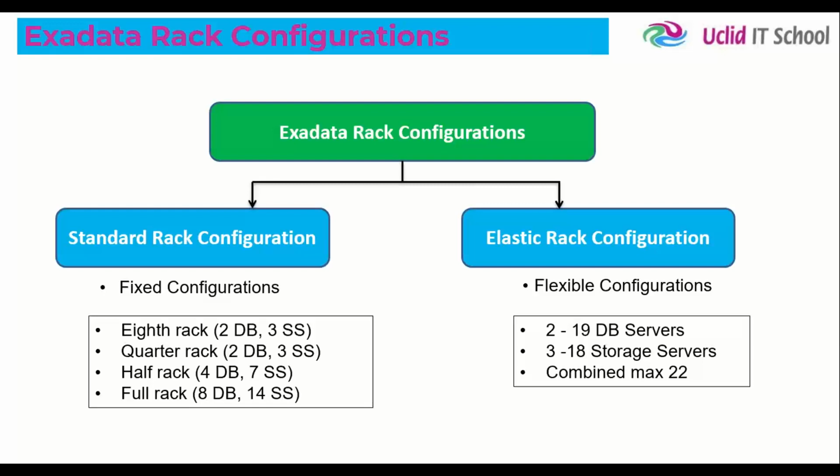Under standard rack, you have four racks: eighth rack, quarter rack, half rack, full rack. When you purchase a standard rack, you will get a fixed configuration, meaning each rack will have a certain amount of CPU, memory, hard disk storage and network resources. Those are fixed. You cannot add or change this configuration.